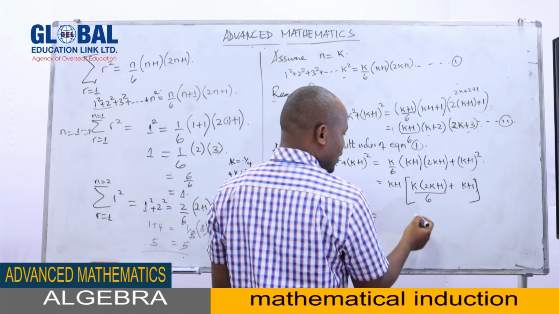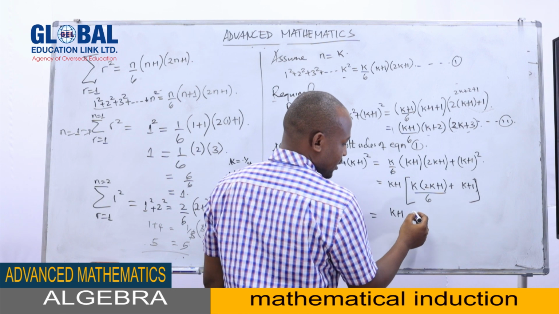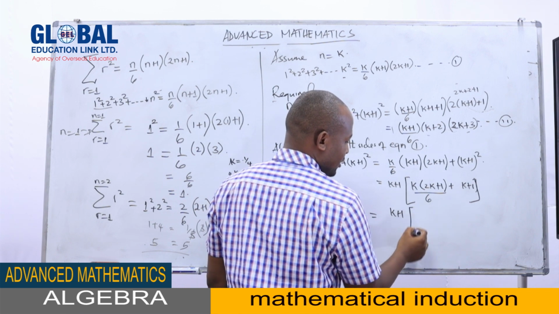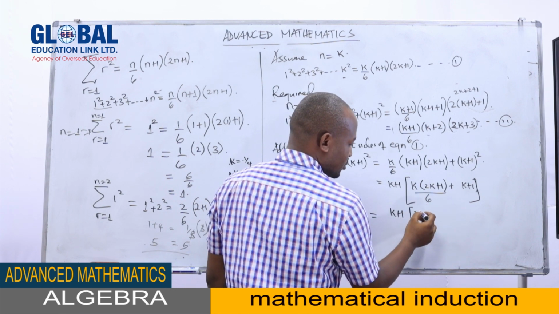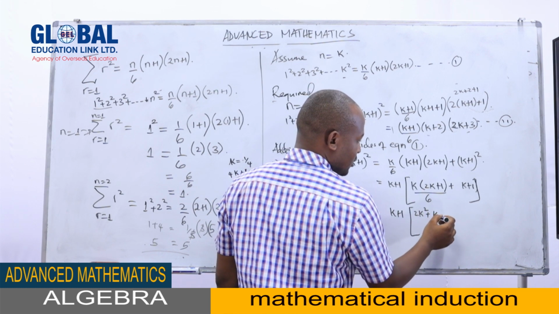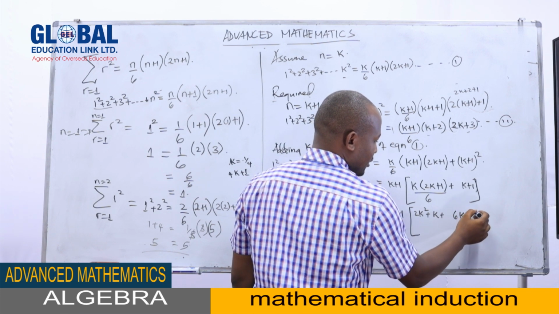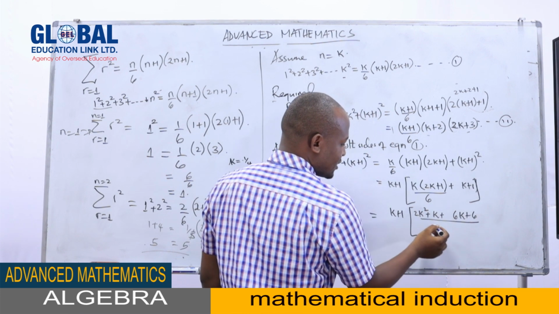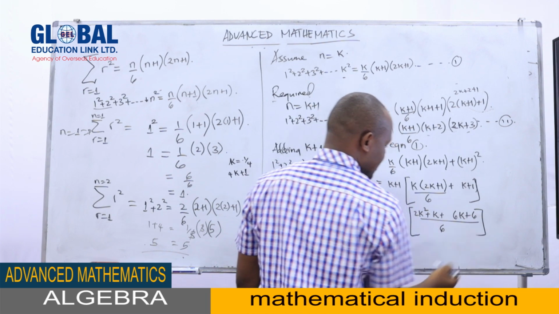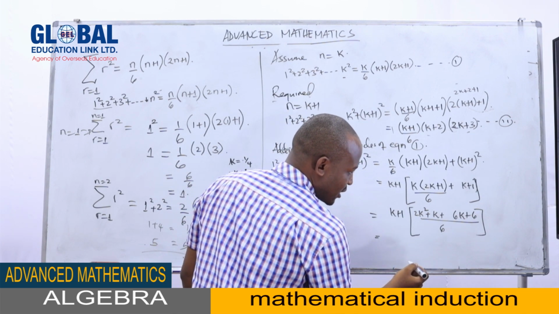Then, opening the brackets, we have 2k squared plus k plus 6k plus 6, all over 6.